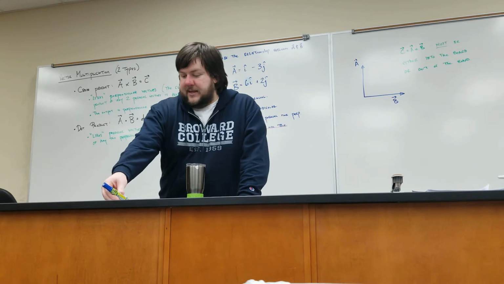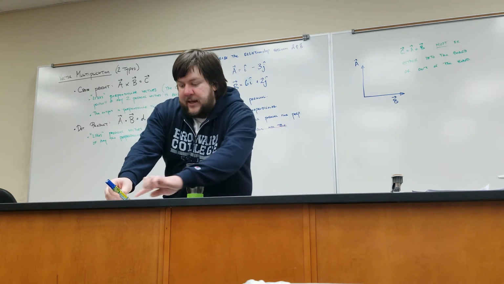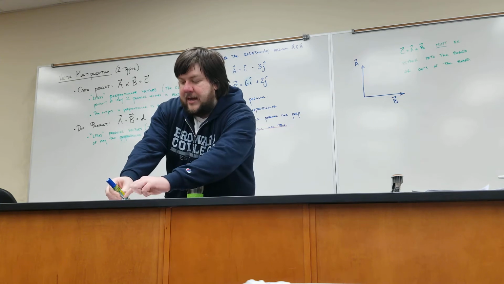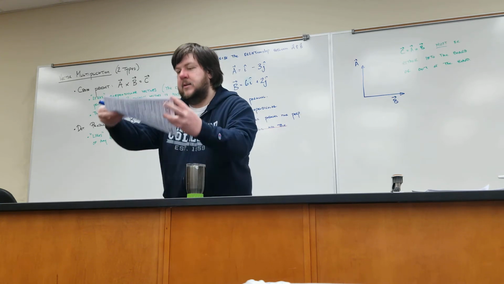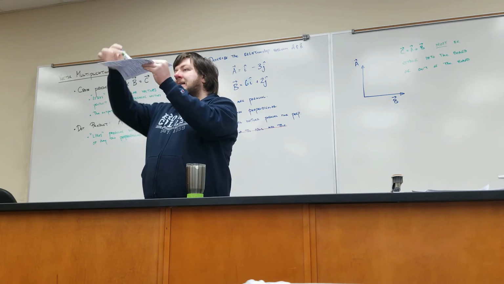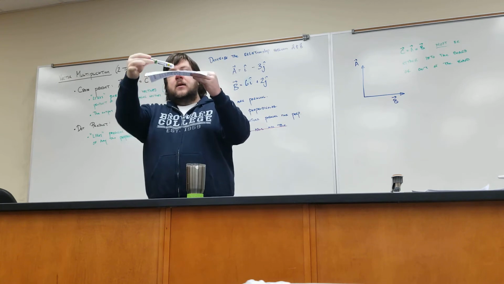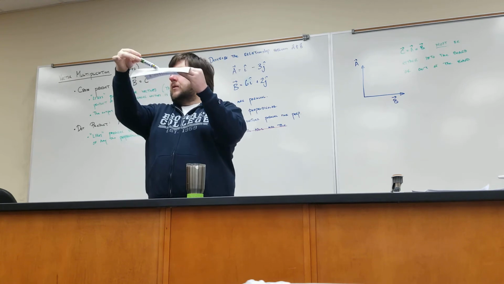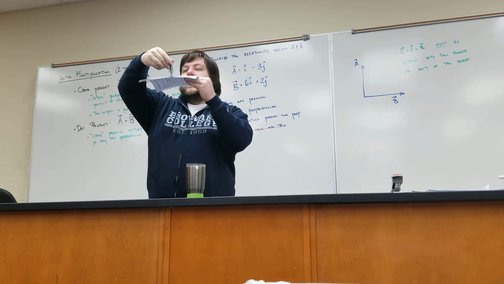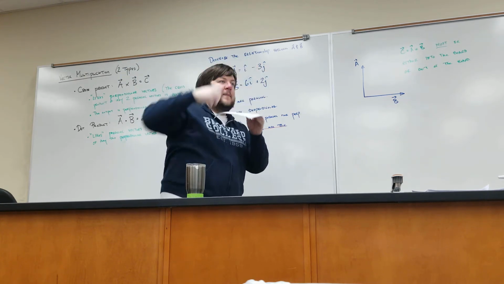Just choose something like this. This is not perpendicular to the sheet of paper. The angle between this and the paper is clearly less than 90 degrees. If I draw a vector like that, this angle right here is less than 90 degrees from this sheet of paper.